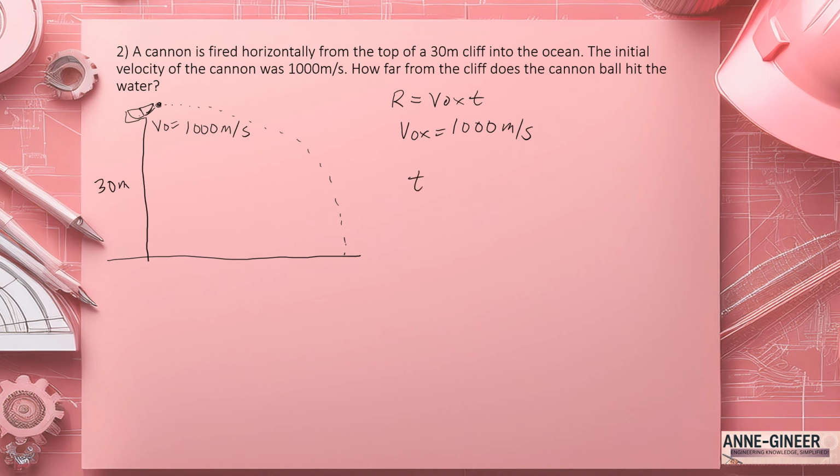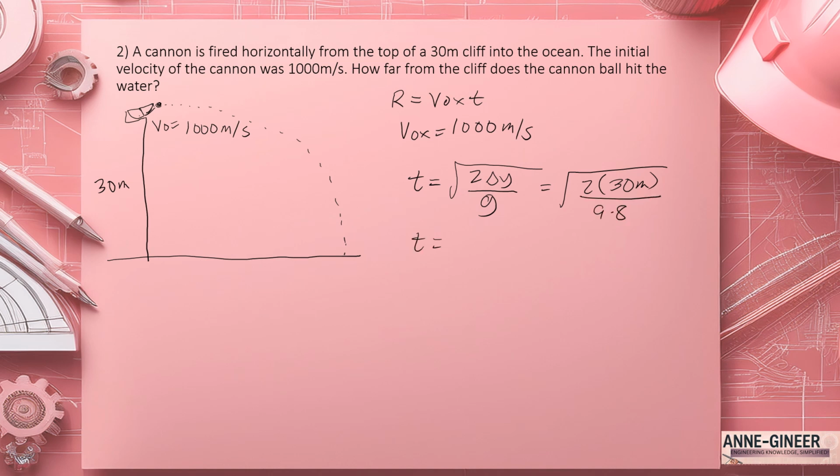The time of flight based on the formulas is the square root of 2 delta y over g. So this is the square root of 2 times the delta y, which is 30 meters, over 9.8.